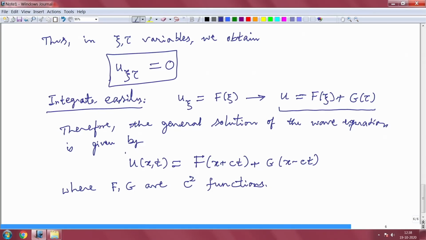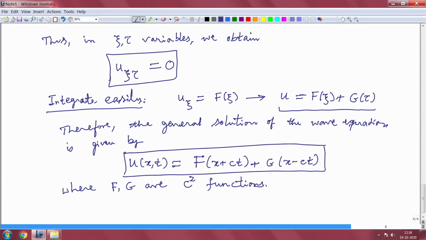In order to determine f and g, these are two unknown functions, so we need to impose two conditions. That is done by imposing two initial conditions. This is called an initial value problem.